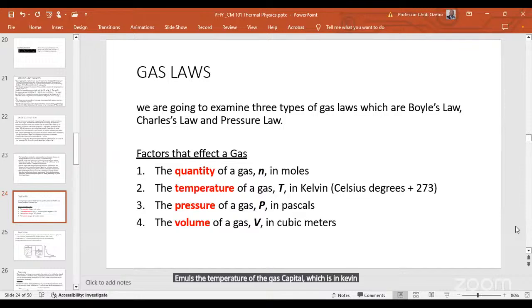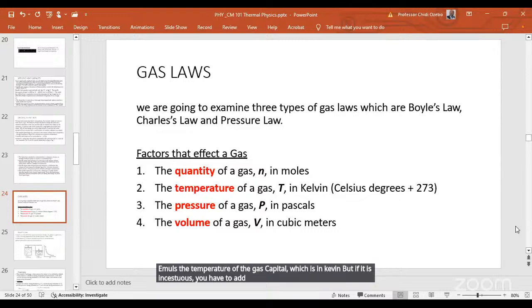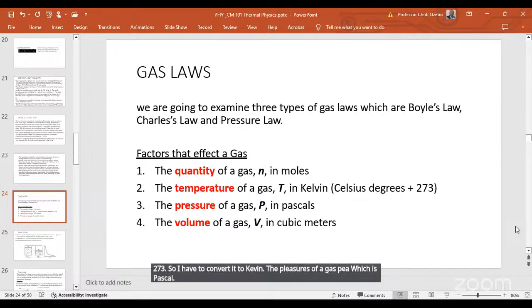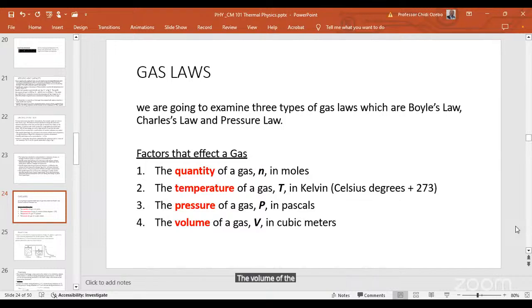But if it is in Celsius, you have to add 273 so as to convert it to Kelvin. The pressure of a gas, P, which is in Pascal, and the volume of the gas, V, which is in cubic centimeter or cubic meter. So these are the 4 factors that will affect a given gas.